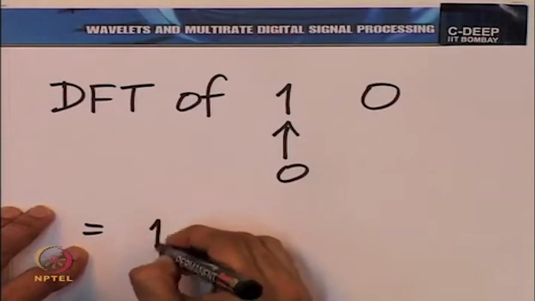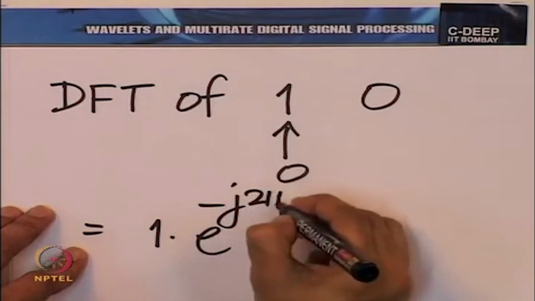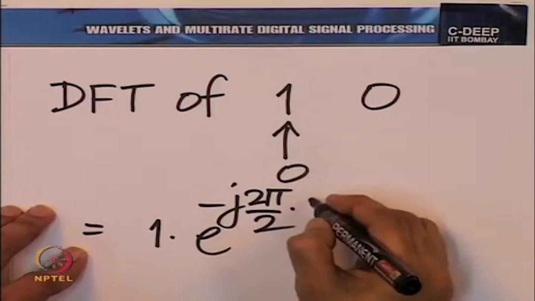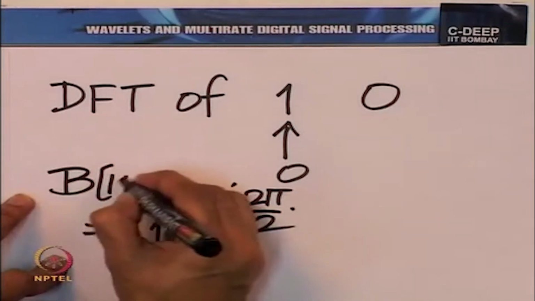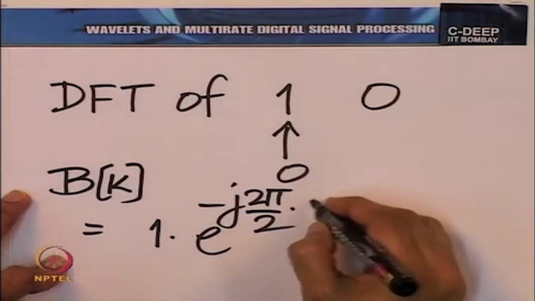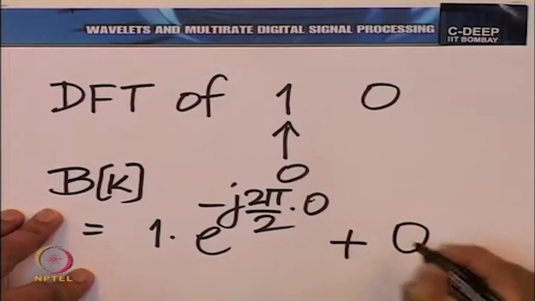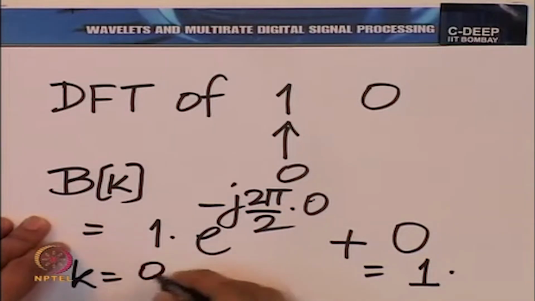It is 1 times e raised to the power minus j 2 pi by 2 times, of course, the discrete Fourier transform is a function of the frequency index k. So, this is 0 times k plus 0. So, in fact, b of k is 1 for k equal to 0 and 1.